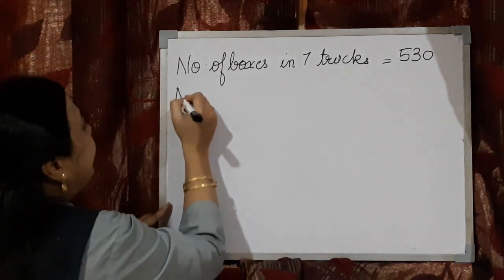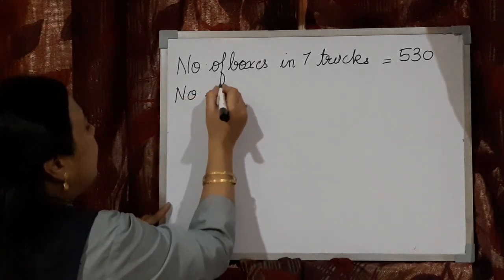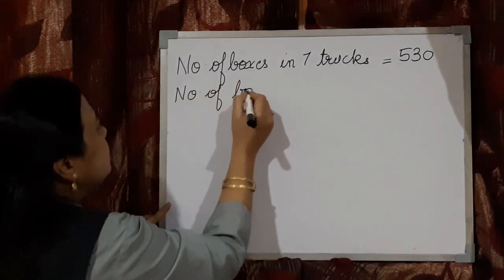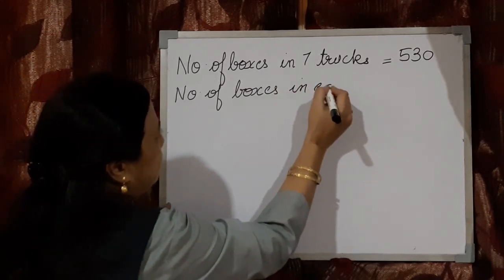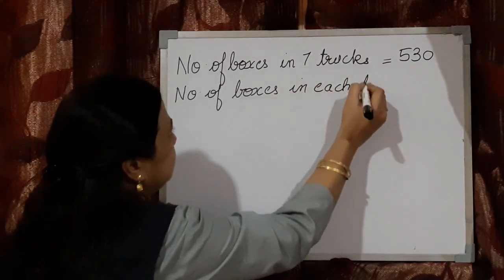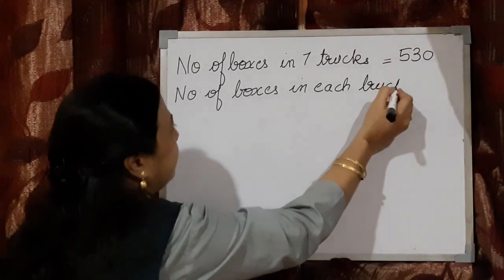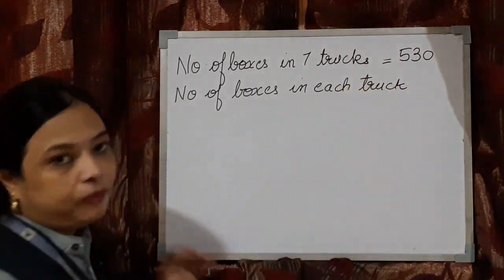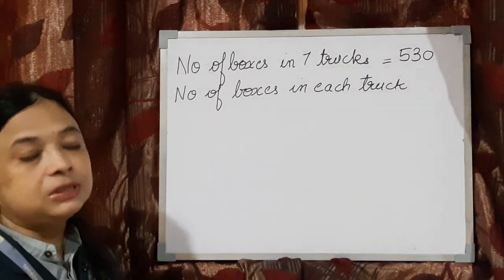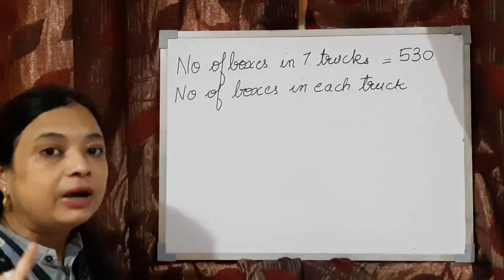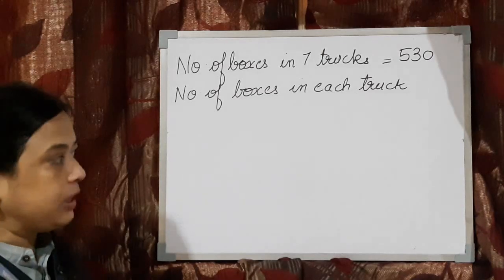So here we will write down number of boxes in each truck. 1 ट्रक में कितने बॉक्स थे वो हमको नहीं पता. हमको ये हिंट दिया है कि इक्वल नंबर ऑफ बॉक्सेस थे 7 ट्रक्स में, लेकिन 1 ट्रक के अंदर कितने बॉक्स थे वो हमको नहीं पता.